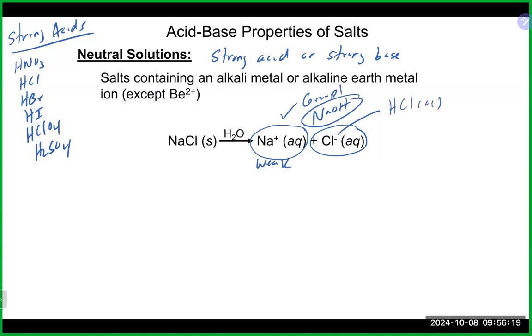Hydrochloric acid, most likely, since it has a Cl in it. That's a strong acid, and that's going to mean that this one is relatively weak. Here we would expect this to be a neutral salt, and the pH would be 7 in this particular case. Any questions on that one?